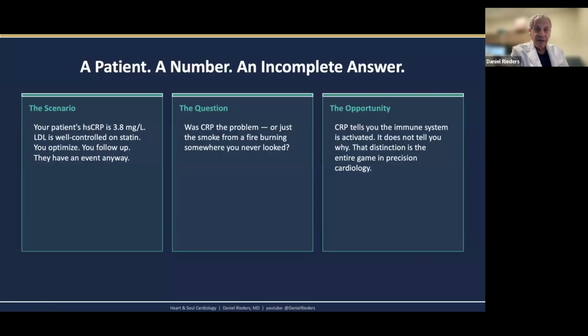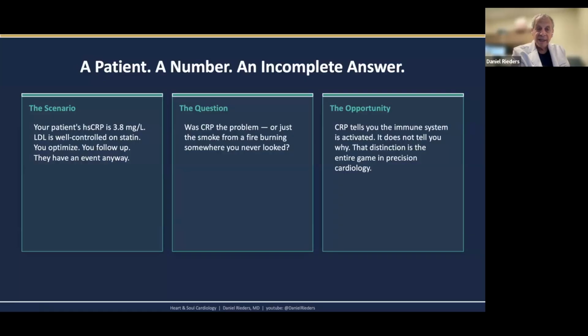So as an example, if you have a patient with an elevated hsCRP of 3.8, which is greater than 1 and greater than 2, and in ill patients we like to get under 0.5, and their cholesterol, LDL calculated, which is the common test we measure, is controlled on a statin drug, what's the follow-up?